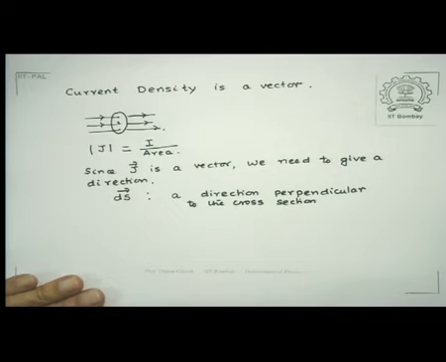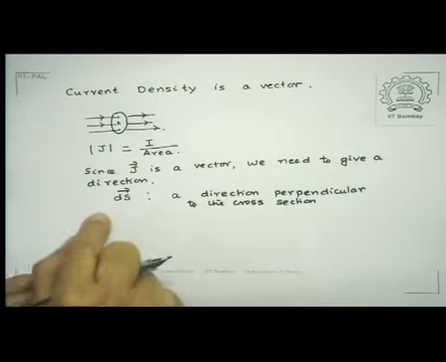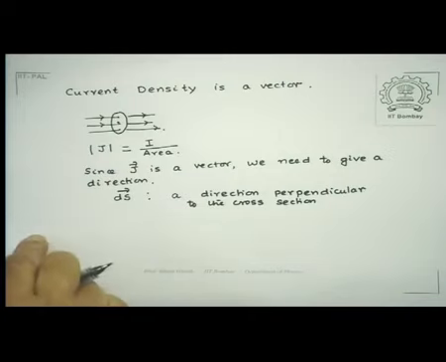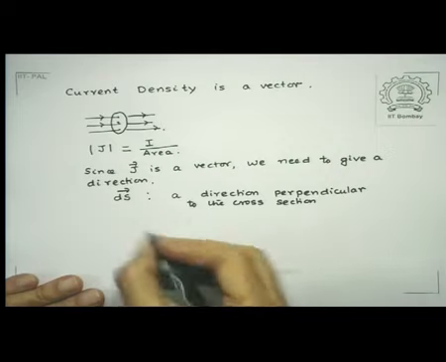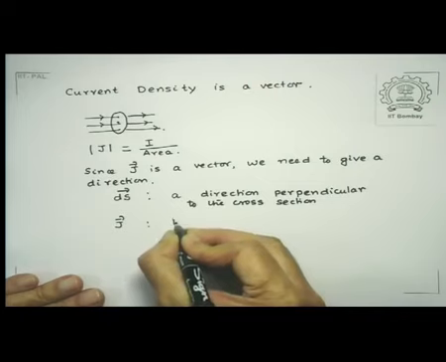We take the direction of ds as the direction of that surface from which the current is coming out. And we define J to be in the direction of current flow.